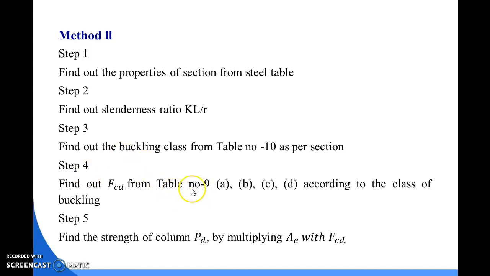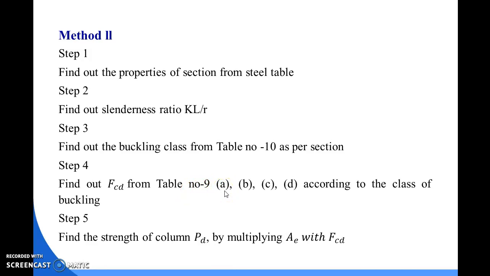In table number 9, it is categorized into 4 types, which is A, B, C, D, and each of the sections indicates the buckling class A, B, C, D. So for buckling class A, we can find out the fcd value as per the slenderness ratio from table number 9A.